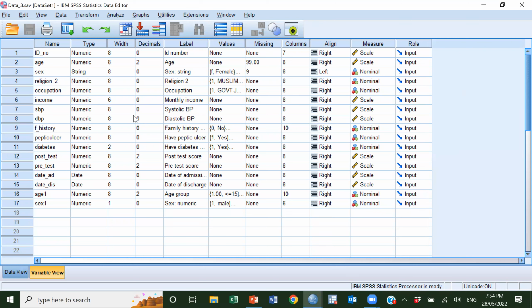So if we want to know whether systolic and diastolic blood pressure have a correlation or not, then we shall do the correlation analysis.